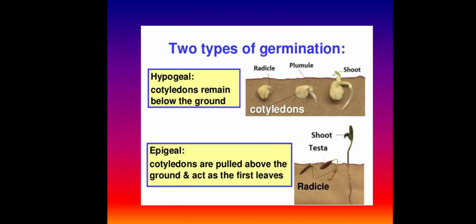There are two types of germination: hypogeal, cotyledons remain below the ground, and epigeal, cotyledons are pulled above the ground and act as the first leaves.